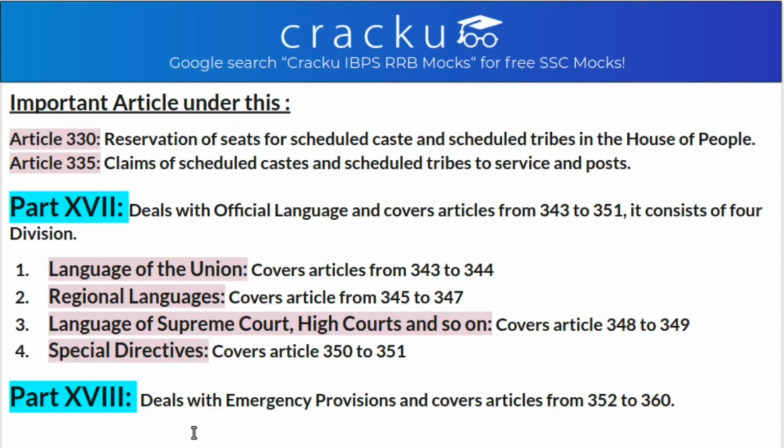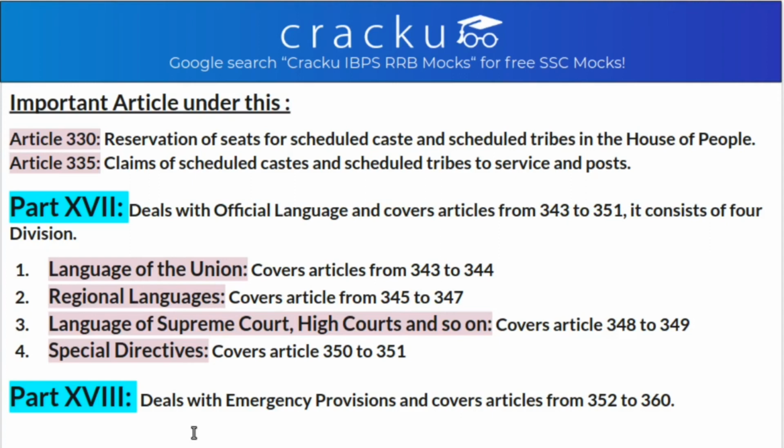Then language of the Supreme Court, High Courts and so on, that is subordinate courts and other lower courts. It covers articles from 348 to 349, and then special directives, which cover articles from 350 to 351.